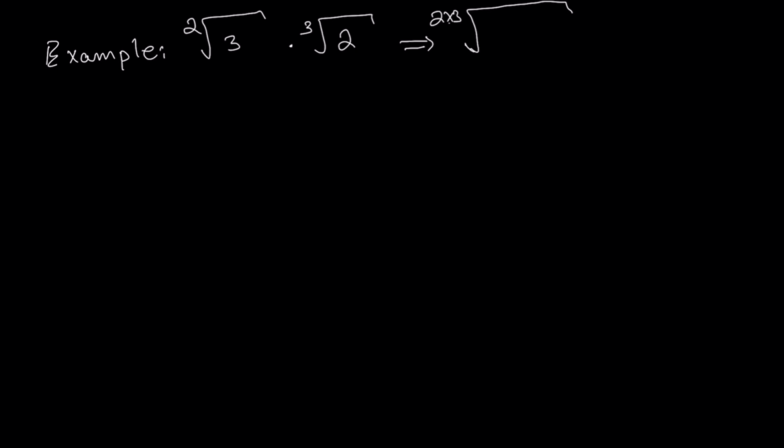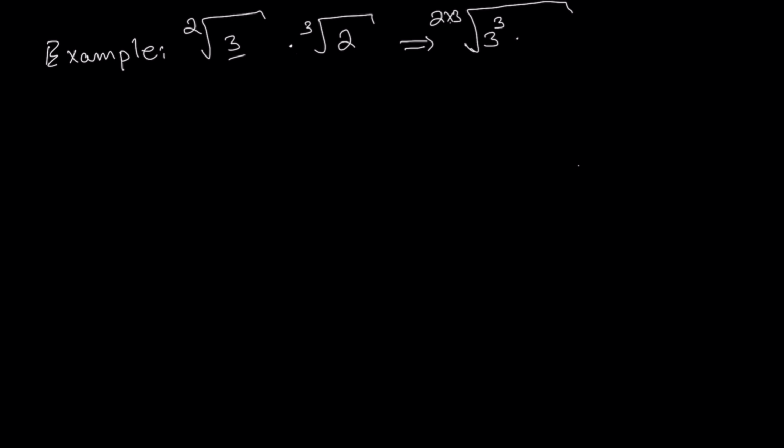Then the same new root index will be divided by the second root index number, and the result will become the power of the second radical number. So let's do that. 2 times 3 is 6. 6 divided by 2 is 3, and that will become the power. So 3 to the power 3 is that number.